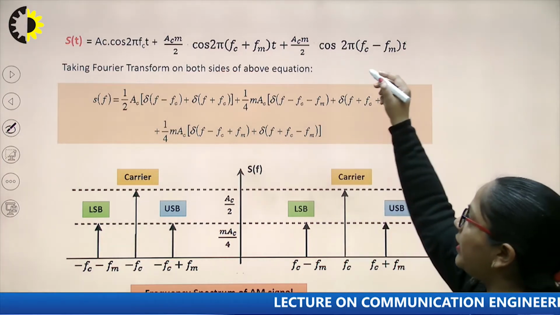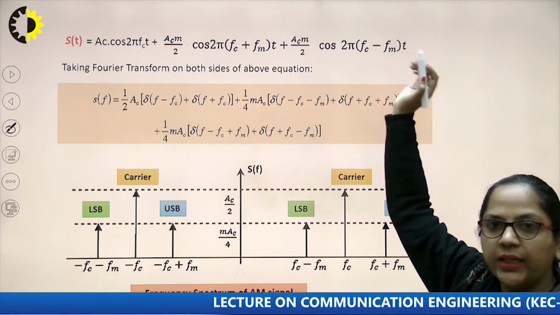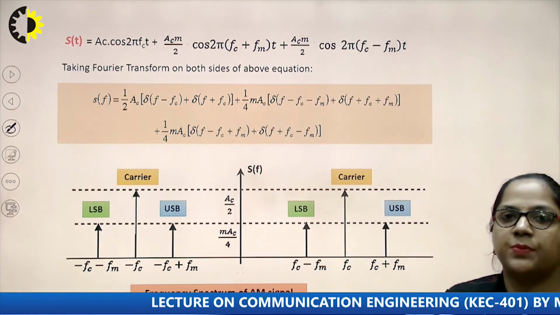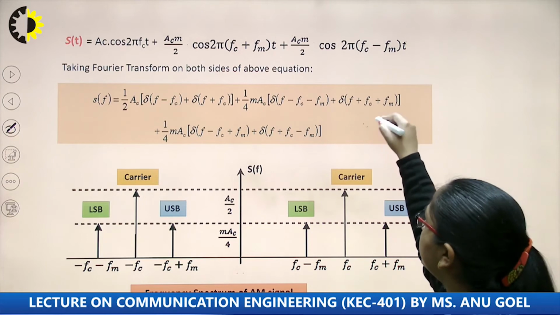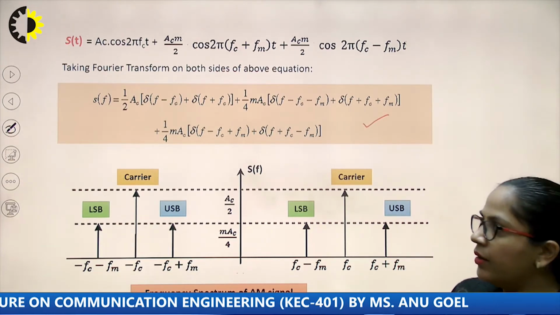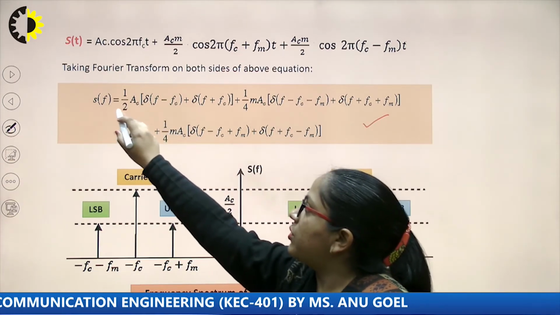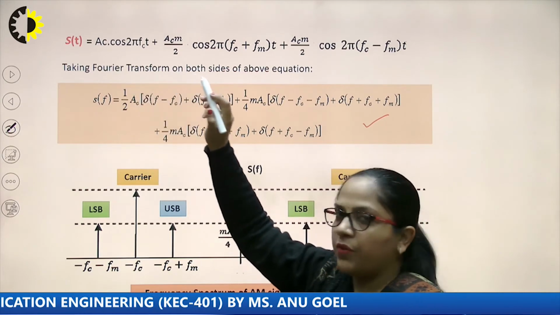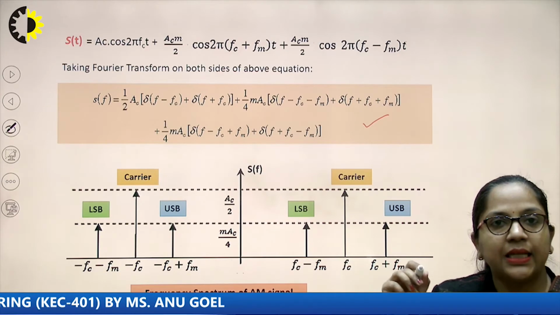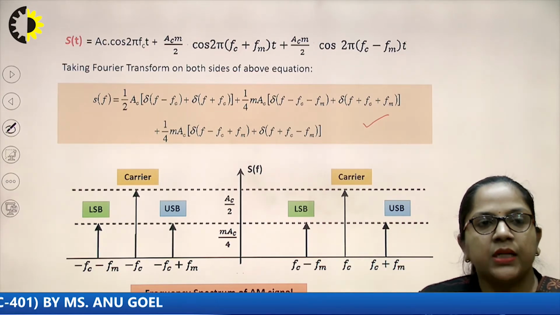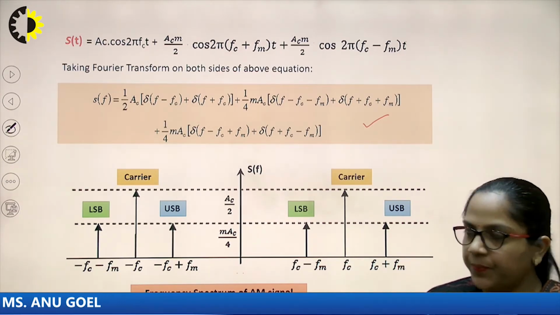So, after taking the Fourier transform of the expression of the amplitude modulated waveform, we get S of f, that is the Fourier transform of S of t, equal to 1 by 2 AC [delta of f minus fc plus delta of f plus fc].